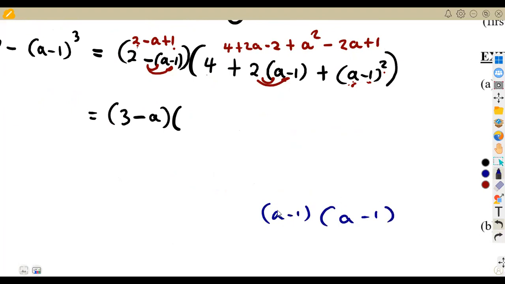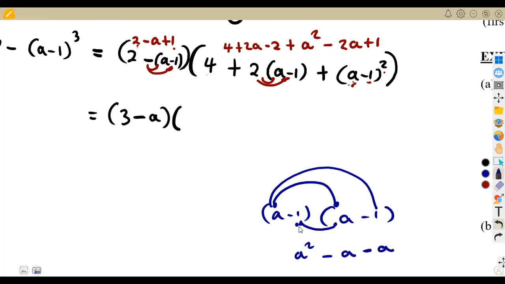By the FOIL method, you're going to expand with the first. That is a times a, which will be a squared. Then a times minus 1, which is going to be minus a. We're done with a. We move on to negative 1. It's negative 1 times a, which is going to be negative a. Negative 1 times a negative 1, negative, negative, it becomes a positive.